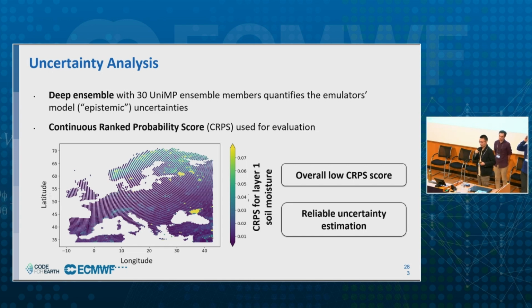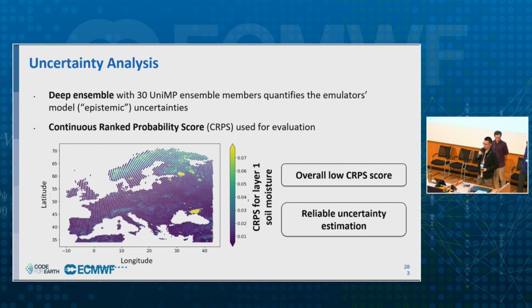In order to quantify the uncertainty, we calculate the continuous ranked probability score at both spatial and temporal scales. You can easily understand this metric: the closer to 0, the better the performance, or the lower the error of this ensemble.